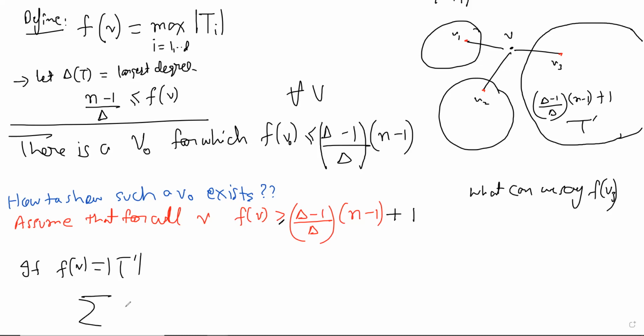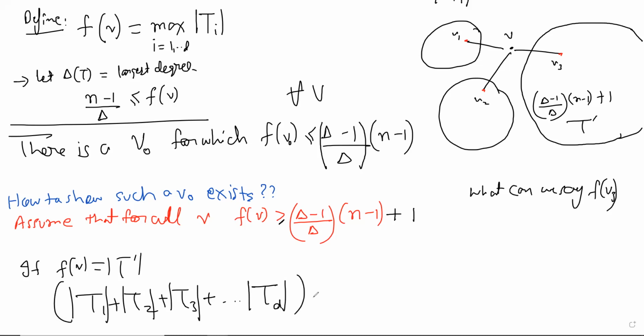Summation of Ti, so T1 plus T2 plus. So you're saying the size of the rest of the trees. How many trees are we going to get? We don't know. The rest of the trees minus this tree. What can you say?